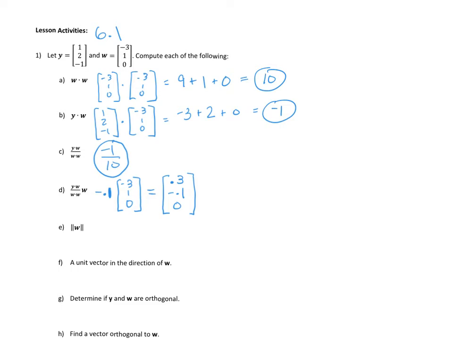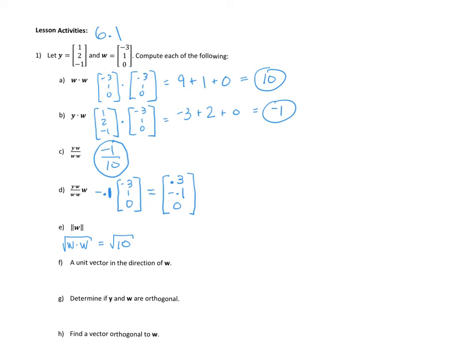Okay, now I want the length of W. So that is the square root of W dot W. So that would be the square root of 10. A unit vector in the direction of W. So a unit vector is a vector that has a length of 1, and it has to point in the direction of W. So I just need to scale W by its length.